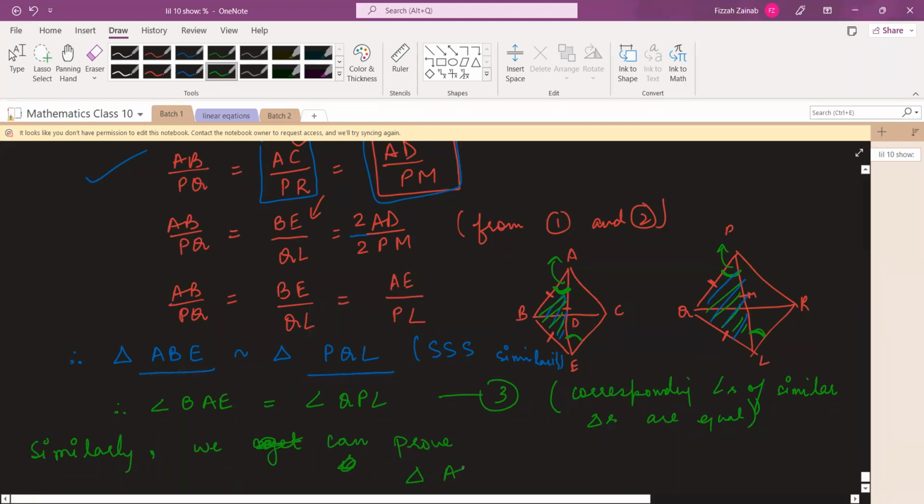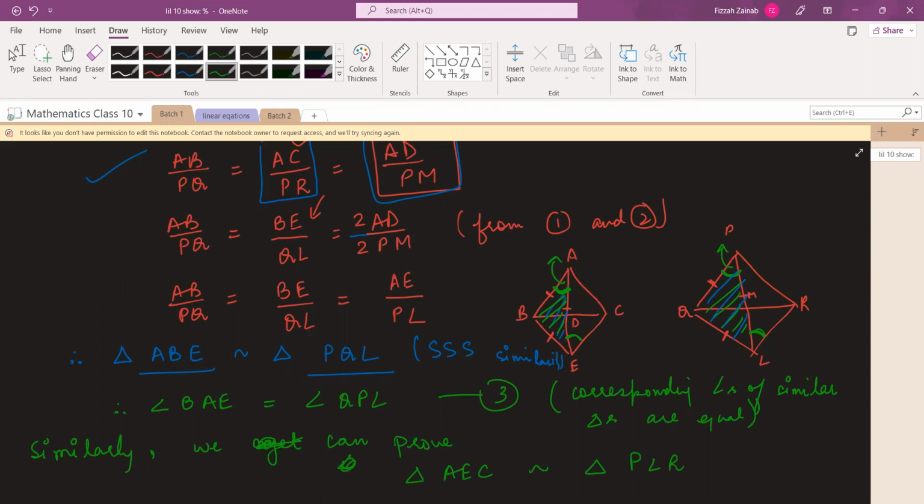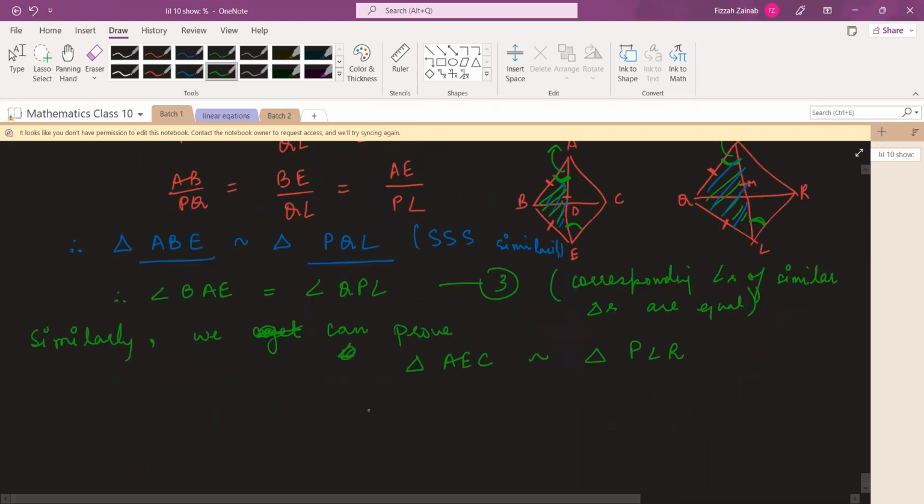So triangle AEC will be similar to triangle PLR, right? Therefore from here we will get this angle equal to this, and also this equal to this. Any angle will be equal because they are similar, right? So we can get angle CAE equal to angle RPL. This is my result number 4.